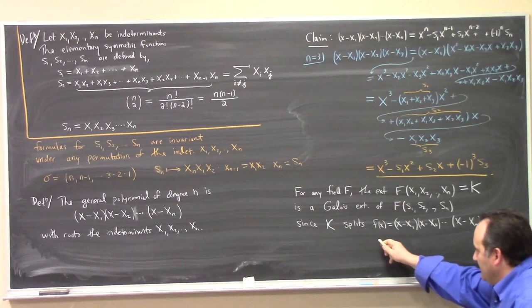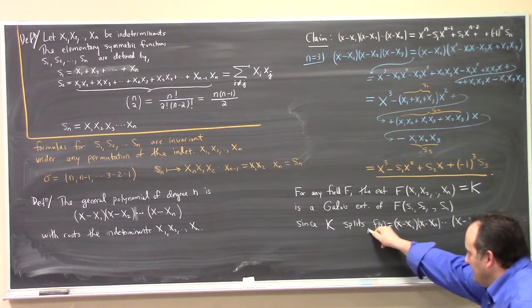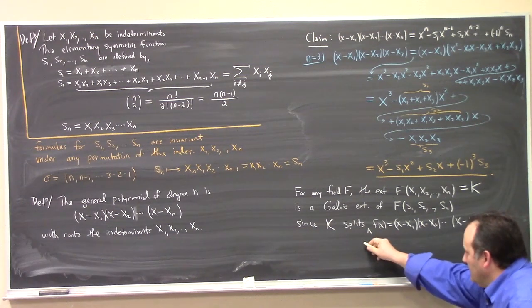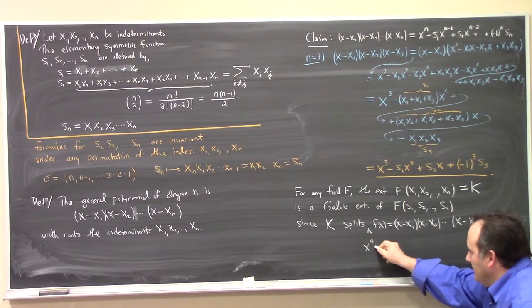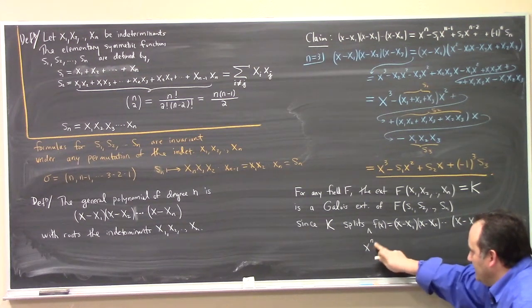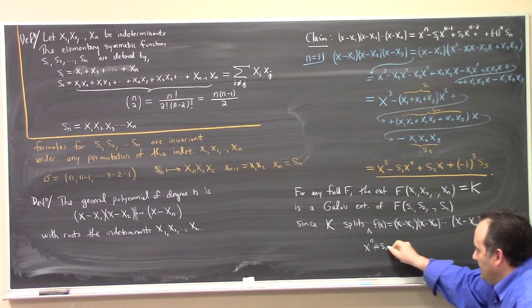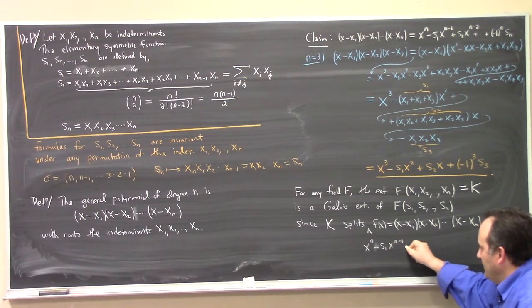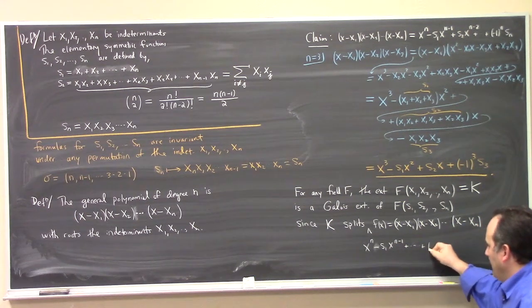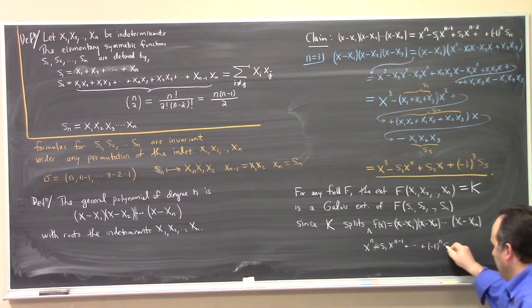But the f of x we're splitting, it actually splits x to the n minus s1 x to the n minus 1 plus, minus 1 to the n Sn, right?